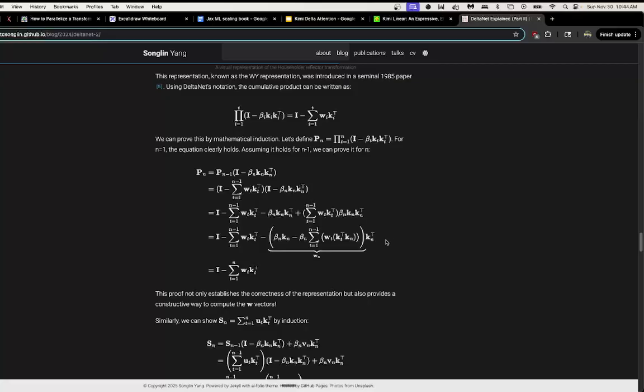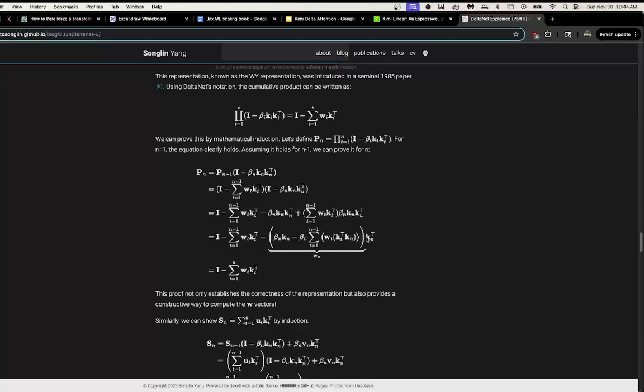So now we see that these last two terms, beta k k transpose, and this product right here, both have a k transpose in common. We can extract that out. And they also move out the beta n just outside of the summation. But the point is that this now resembles what we're trying to prove, that from 1 to n, this w vector times this k transpose is equivalent to this.